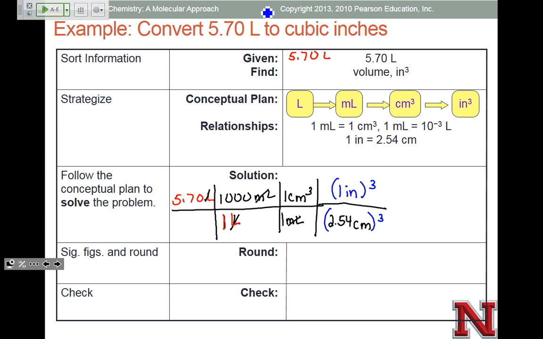So I'm going to rewrite that. You can do it in your calculator. You don't necessarily have to rewrite it, but so you can follow it later.